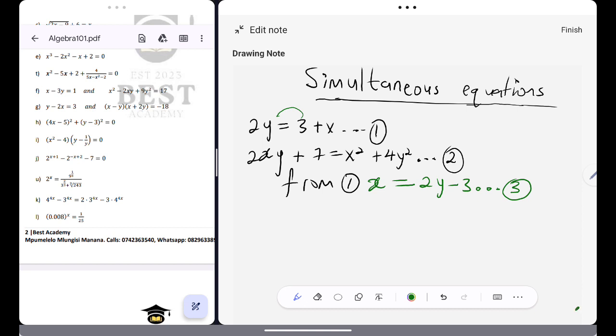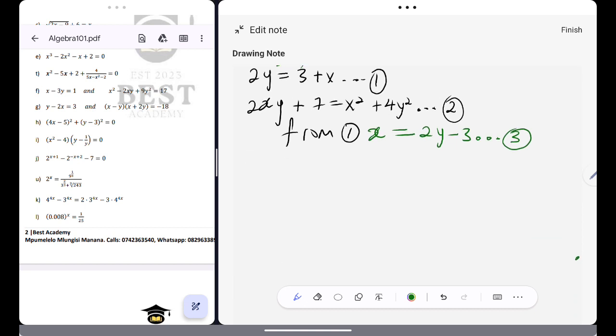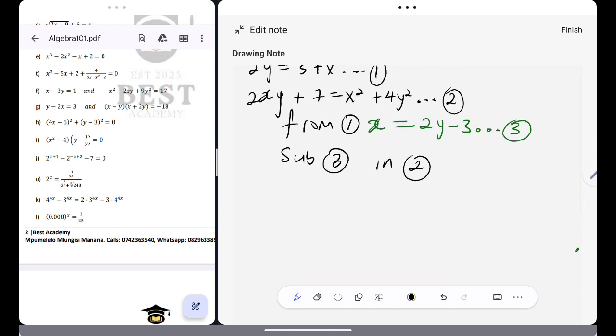All right, together. Moving forward, all I need to do is substitute equation 3 into equation 2. It simply means whenever I see x, I must substitute this thing, 2y minus 3. So what I'll have is 2y, and then we have an x, plus 7.